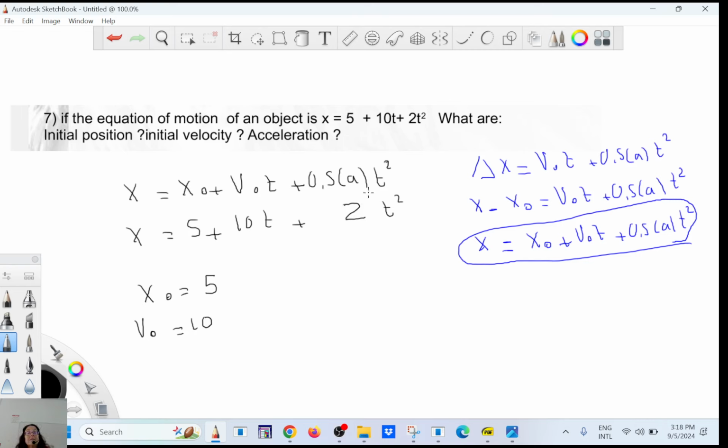Acceleration is 4, right? So if you are confused, you see here, it's going to be 0.5. Half of a is 2. So a equals 2 divided by 0.5, it's going to be 4. Or half of question mark is 2. That question mark has to be 4. So acceleration is 4.